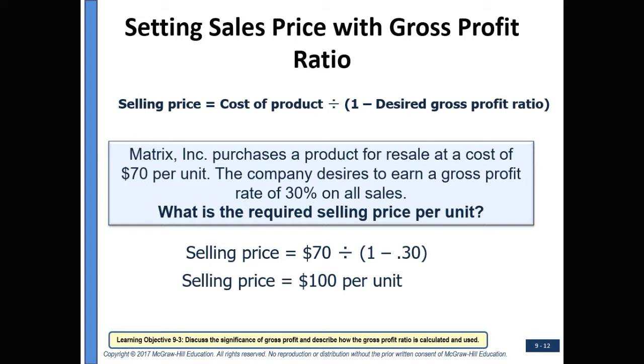Depending upon what type of company you are, you may be able to make an adjustment to your cost of goods sold if you're in a manufacturing environment, where you may have to accept that you can't sell this item for that much. So you're going to have to accept a lower gross profit ratio for this item. Now, that can be made up as a global gross profit ratio by applying something larger to a different item that can bear that high of a price.